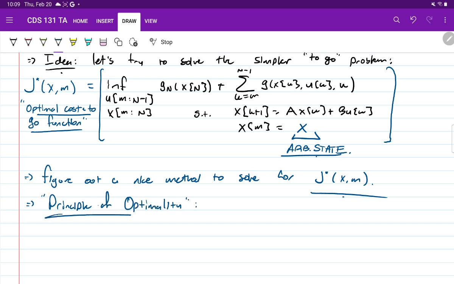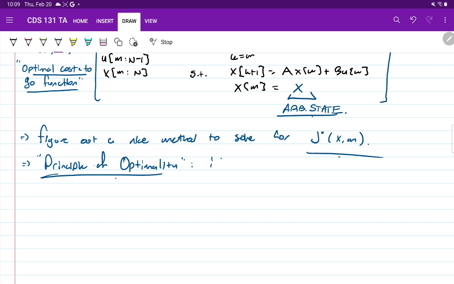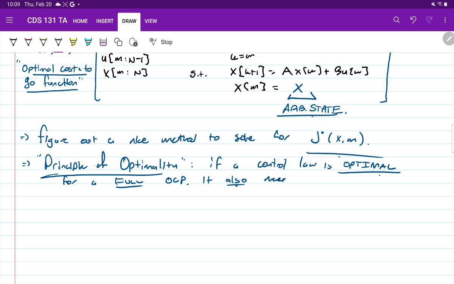okay? And what this effectively says is that if a control law is optimal for a full optimal control problem, it also needs to be optimal for every to-go problem.